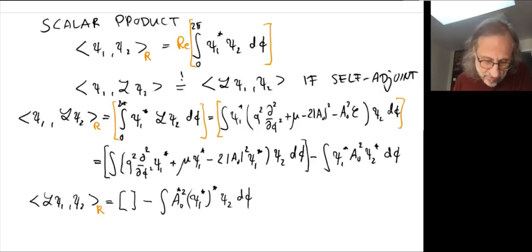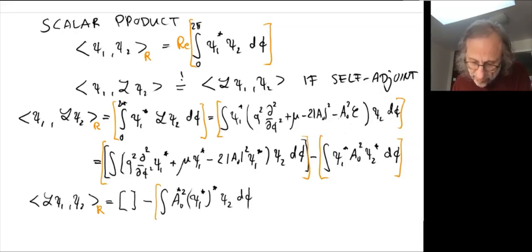The point is simply that we have to take the real part of this, and the real part of this. But these two guys are complex conjugates of each other. They're only different in the imaginary part, but not in the real part. So once you take the real parts, these guys are equal. And we have actually a self-adjoint scalar product. That is good because that makes life so much easier.